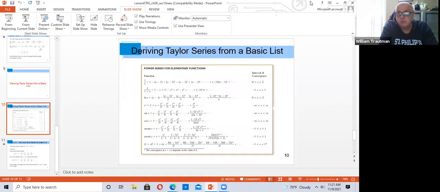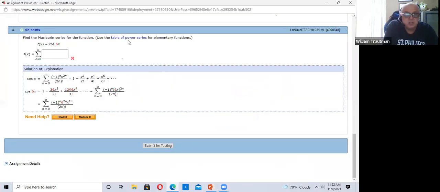If it lets us, there we go, yes. And here's what they did for cosine. And once again, the only thing is, instead of a square root, I think we did last time, this time we're going to put 6x in there.